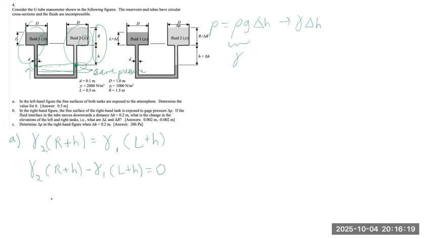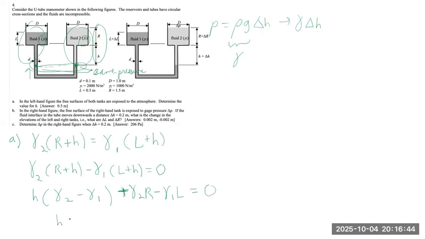We can now isolate H because we can factor out H times gamma 2 minus gamma 1 plus gamma 2 R minus gamma 1 L is equal to 0.